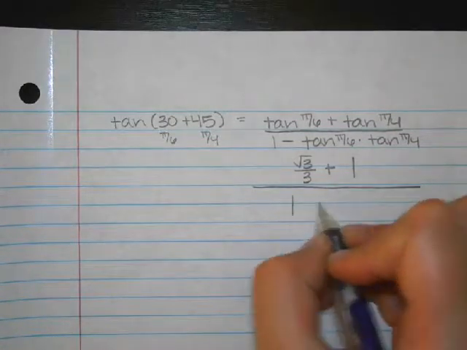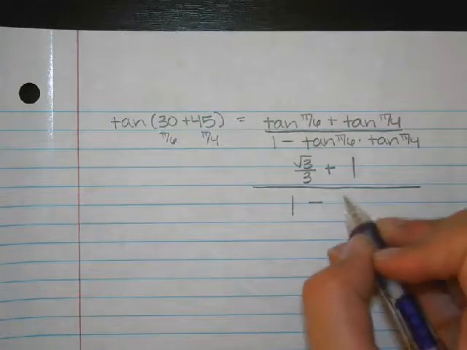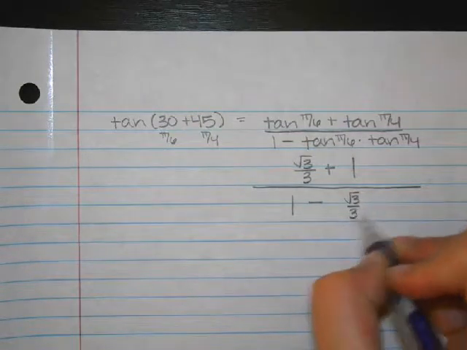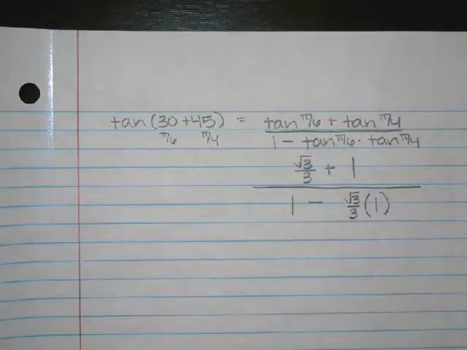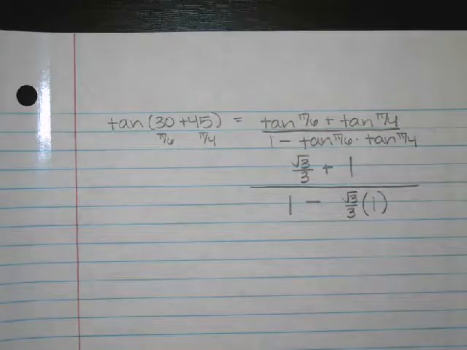Divided by 1 minus, and then we have tan of pi over 6, so that's root 3 over 3 times 1. Do we see how it's a little bit different than last time? So we have a fraction plus something that's not a fraction. What do I need to do? Common denominator.